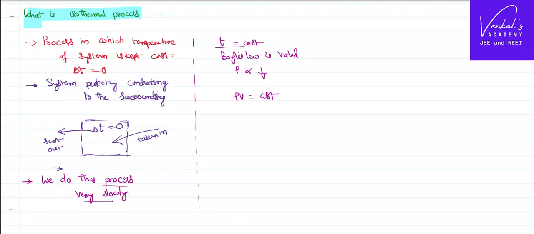Anyway, being the isothermal process, temperature is kept constant, so Boyle's law is definitely valid. So in isothermal process, Boyle's law is well valid, and the PV graph is the normal graph that we get in Boyle's law, right?